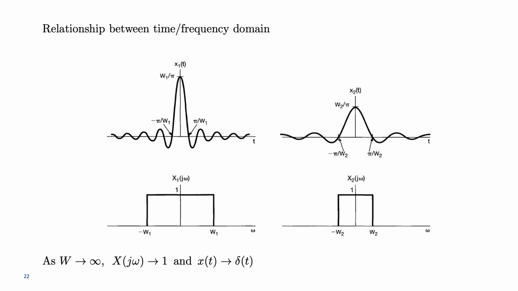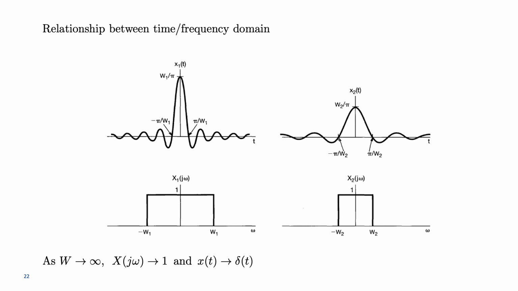Now let's gain some insights into another important property of the Fourier transform by recalling the last example and just redrawing it for two different values of W. In this slide, W1 and W2. The figures on the left have a larger value of W, so W1 is larger than W2.